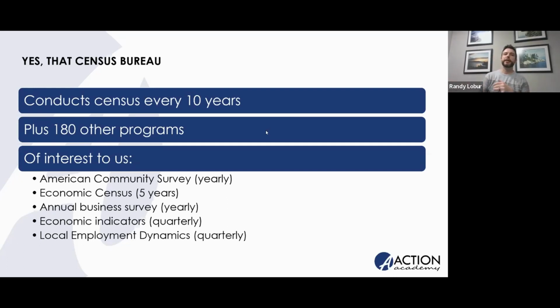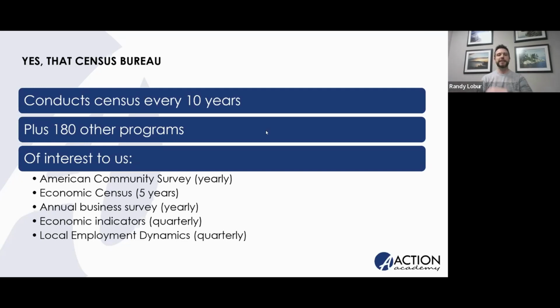We're going to look at the American Community Survey, which does happen yearly, updated every year in December, and that is one of the data sources that feeds what we'll talk about here today. Think of that like a mini census. It's a smaller sample size, but the Census Bureau uses it to kind of take a pulse on the country in those interim years between every 10 years.